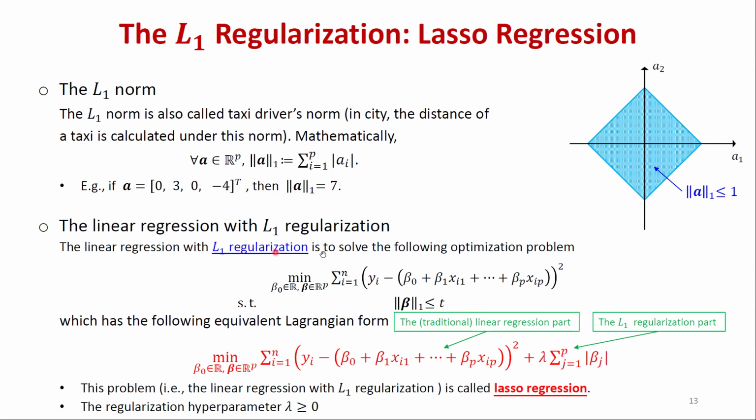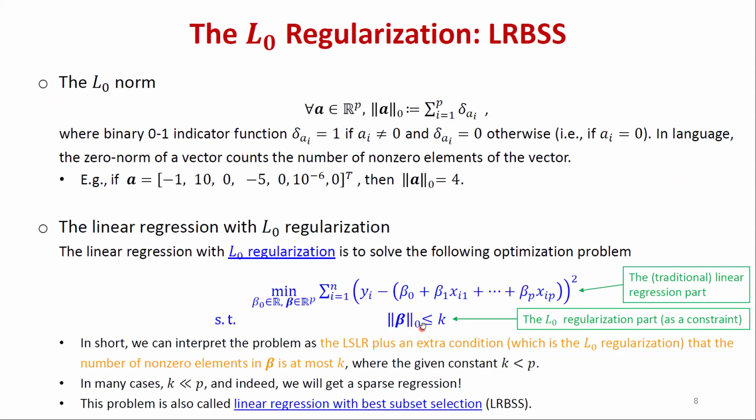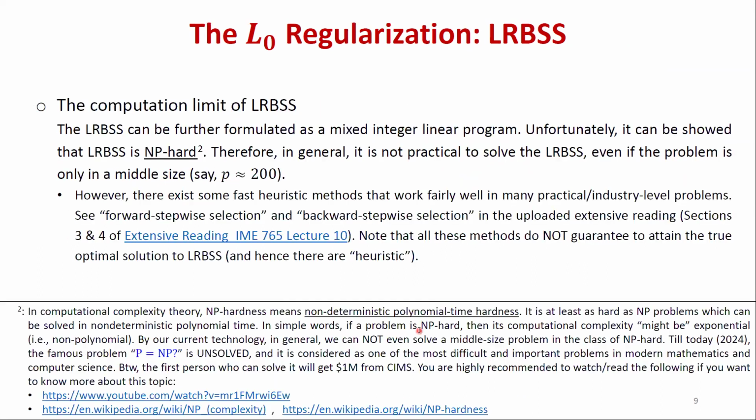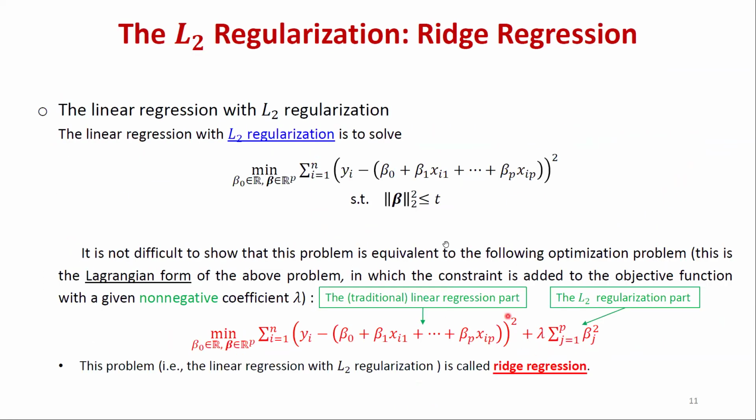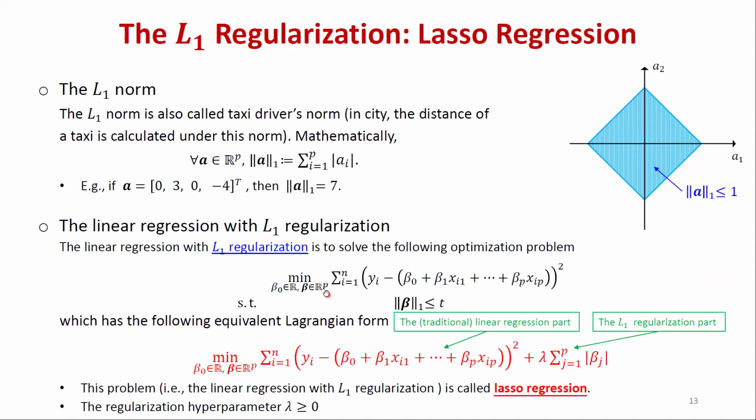And then for L1 regression, the regularization is the same thing. The only thing we are changing here is the norm. You see what I mean? Whether it's 0 regularization, 2 regularization which is ridge regression, or 1 regularization, everything is the same except for the norm.